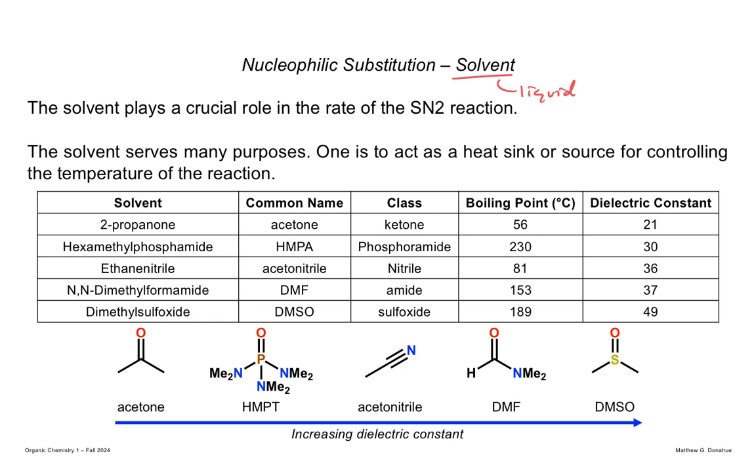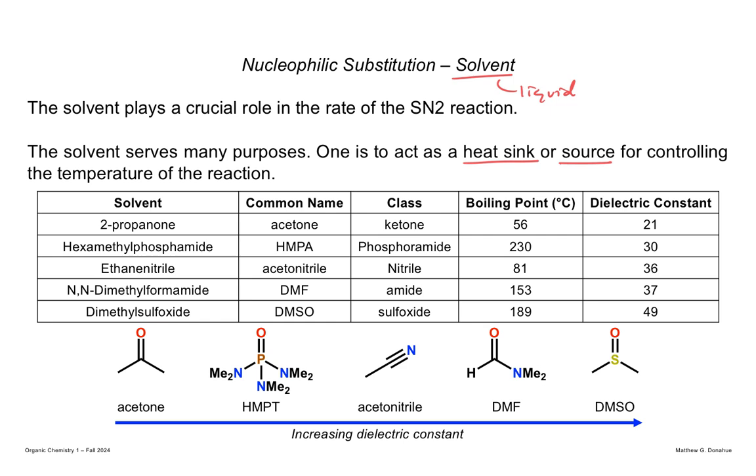One is a heat sink or a heat source. So if you dump everything in at room temperature, so 25 degrees C, and nothing's happening, from the Arrhenius equation, you can start increasing the temperature. So you can go to 35 degrees, 45 degrees.